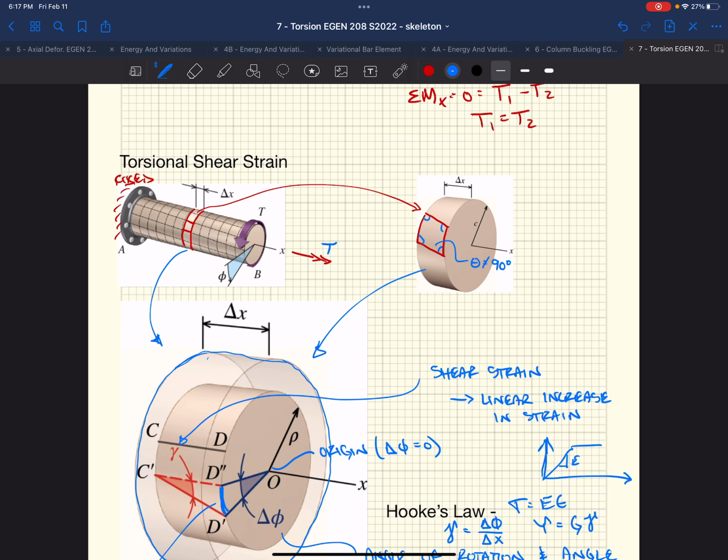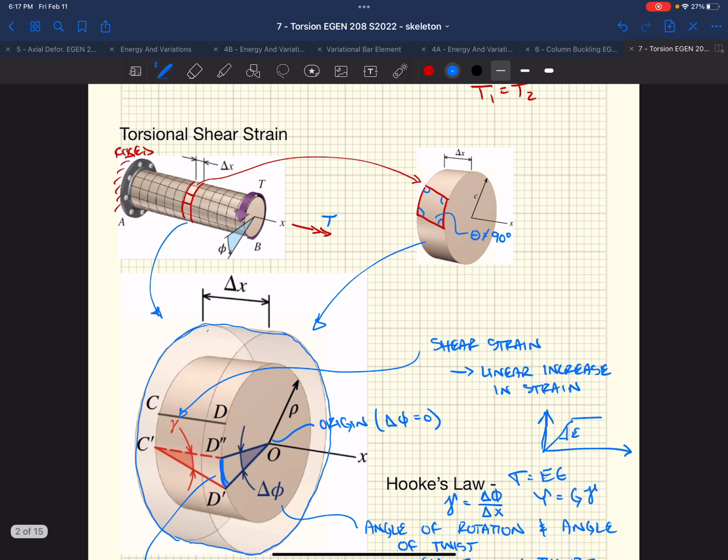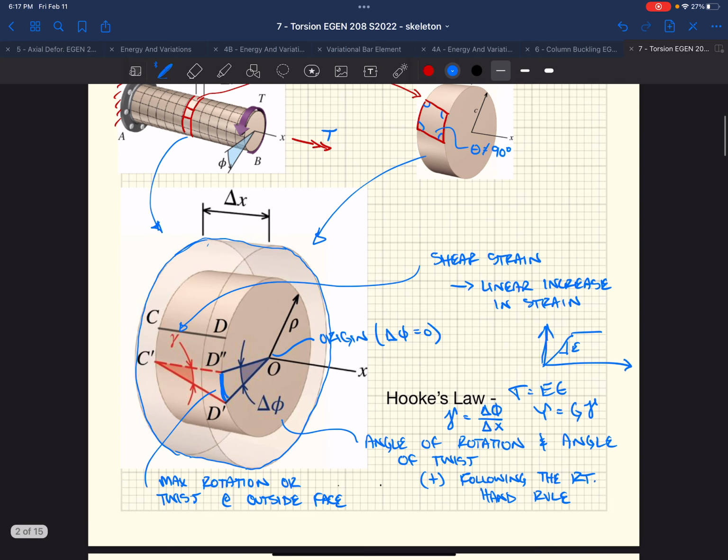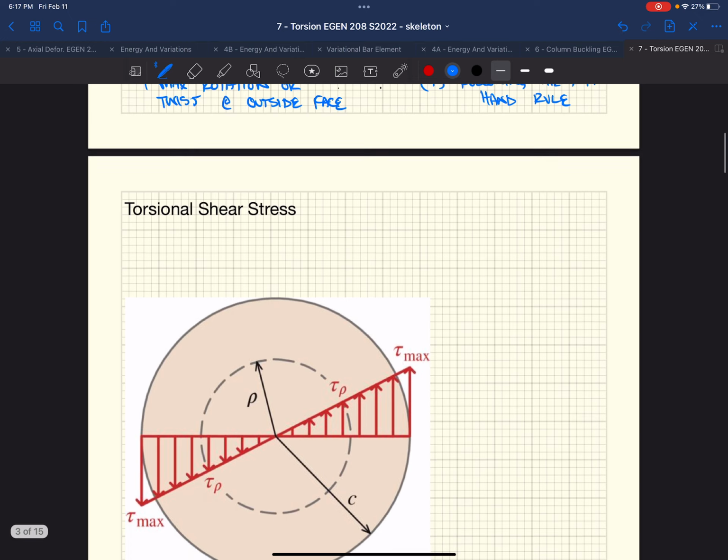So we have this kind of linear increase in rotation as we go from the fixed support out to the applied load T. And if you looked at the center of the noodle, the very center isn't going to have any rotation, it's at the origin. And that rotation is going to be maximum at the outer edge. Let's look at what this means. Torsional shear stress.